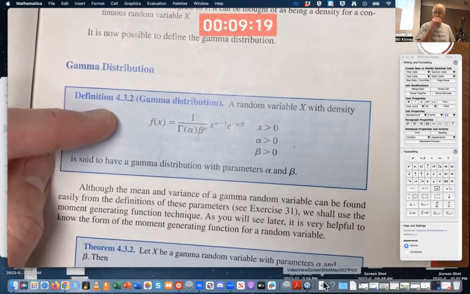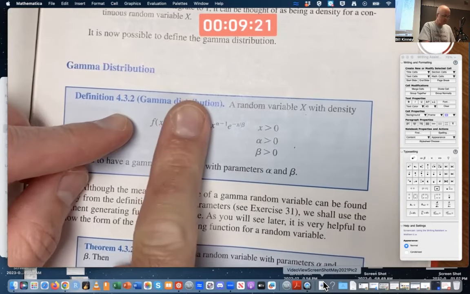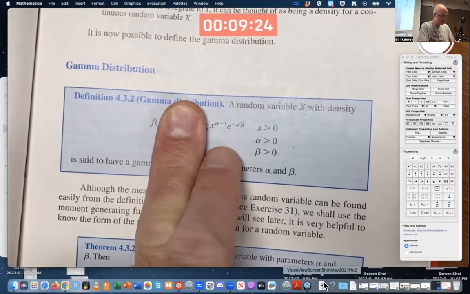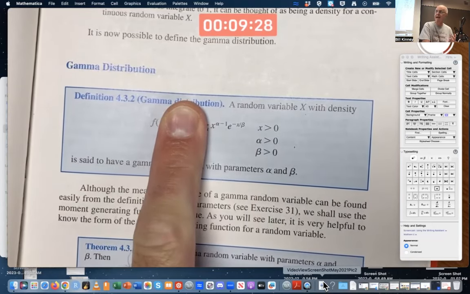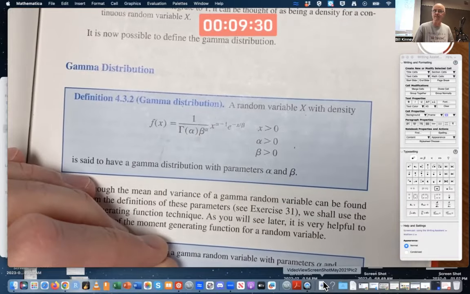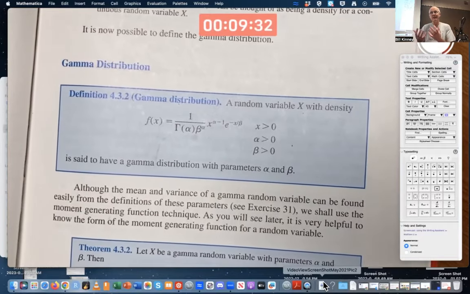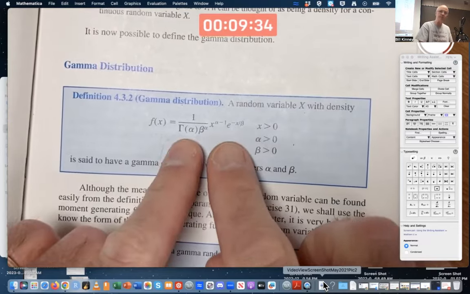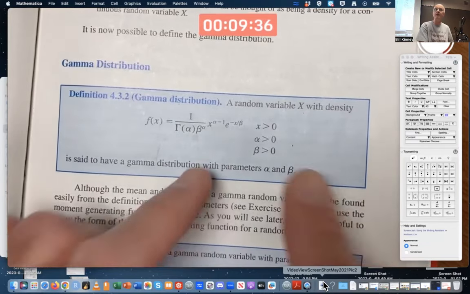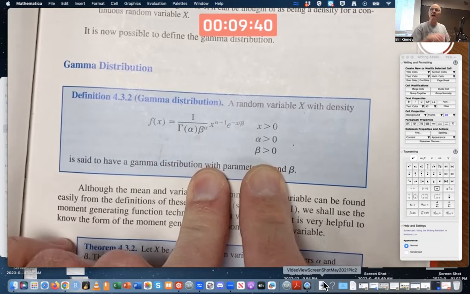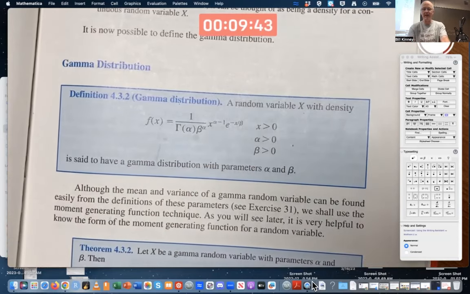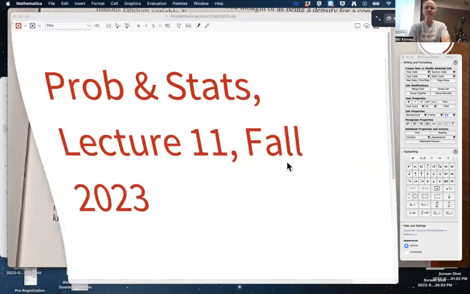And even though it looks complicated, to tell you the truth, for PDFs that are proportional to that expression, a power function times an exponential decay, it's as simple as it gets. Giving yourself flexibility to have two parameters, alpha and beta, that can affect the shape of the graph in various kinds of ways that we can explore. Let's go ahead and explore that a little bit right now with Mathematica.